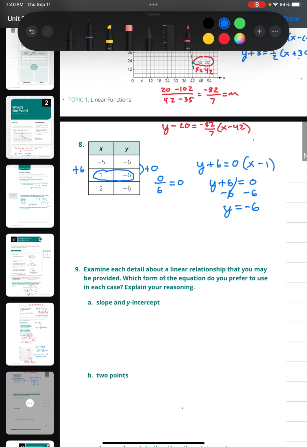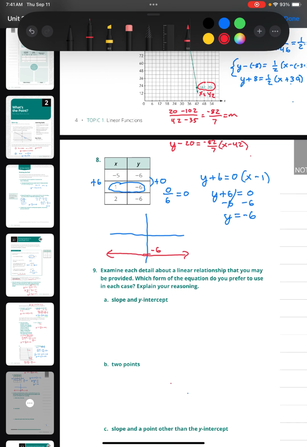So the x has gone away, and we just have y equals negative 6, which makes sense looking at this table. What we have there is a horizontal line that's just going through negative 6 on the y-axis. The y value is always negative 6. So that has a slope of 0, and it's always going to be y equals negative 6.